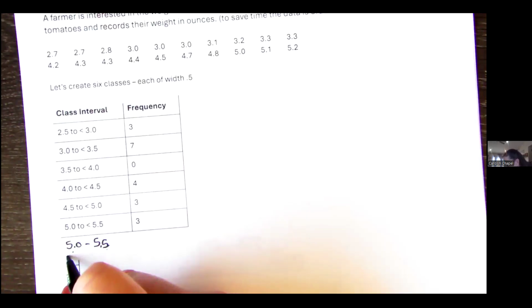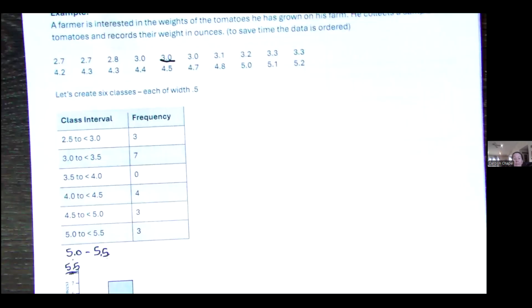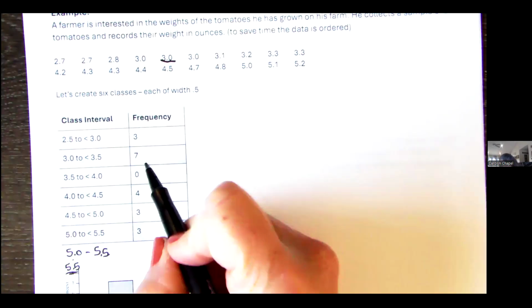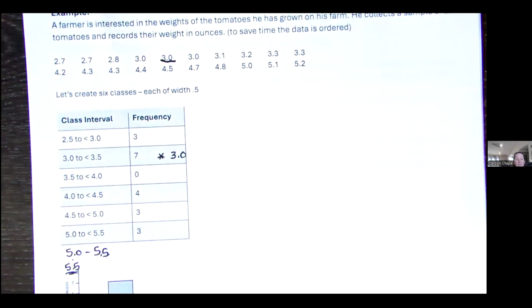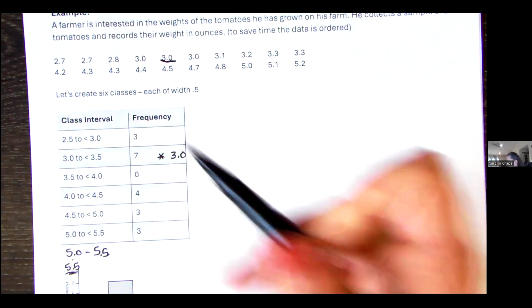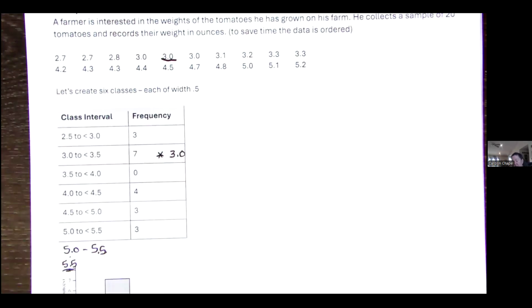The 5.5 would go in this other value here. So when we see this 3.0, that 3.0 is counted here in that 7 count, as opposed to in the count before it. So we include the bottom, but do not include the top. That's just a rule of thumb that someone came up with when they created these histograms.